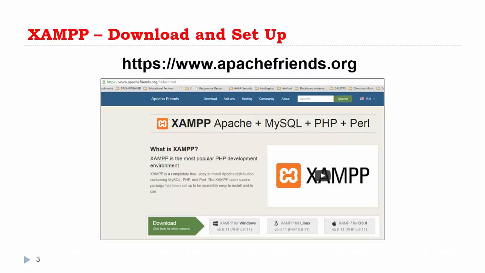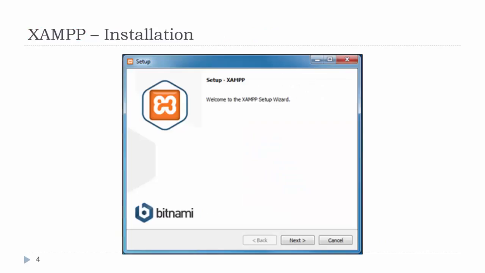So you will need to visit this URL and download the XAMPP environment for your operating system. There is a lot of additional information, videos, and documentation available for you at this website also and on the web. So when you set it up, you will see the wizard and pretty much just follow the defaults.